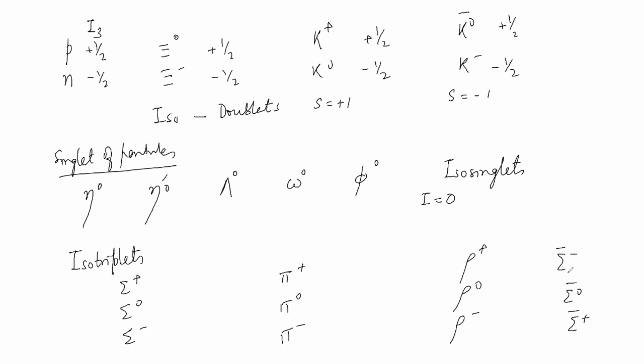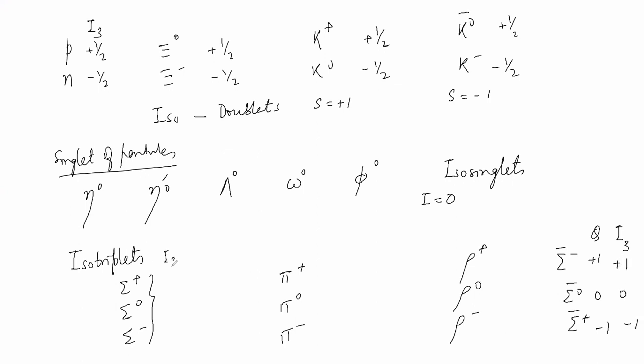And now why have I written this in the reverse order from what I had written over here? This is because charge will get reversed. Therefore, this will become plus 1 charge, 0 charge and minus 1 charge. And what I have told you is that I for all three of them will be 1, but I3 will be plus 1 for the highest charge.